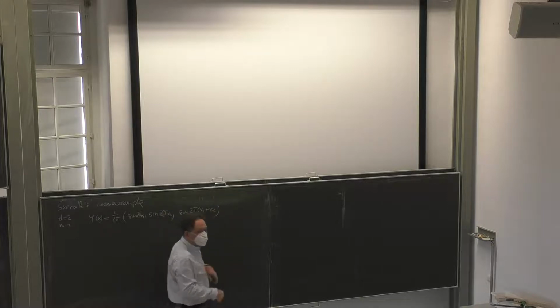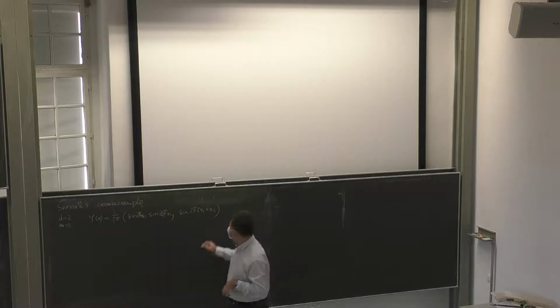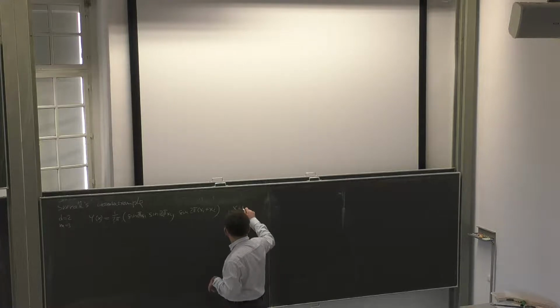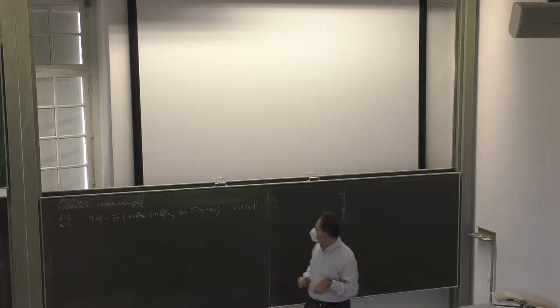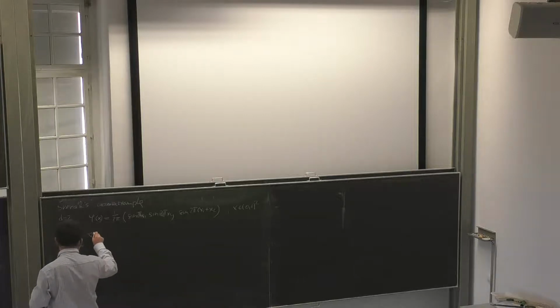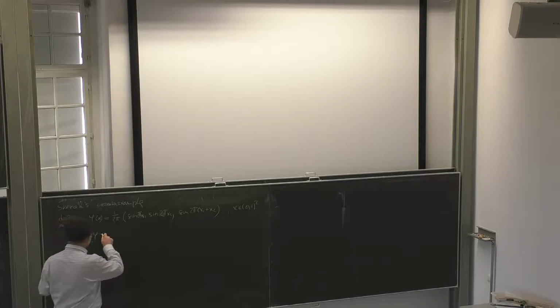Now x belongs to the unit square, and we have 3 components. So now we go for the gradient, which will be needed. To calculate the gradient in public is something you should never do, but here it's easy. So we get a matrix which will have 3 rows and 2 columns.